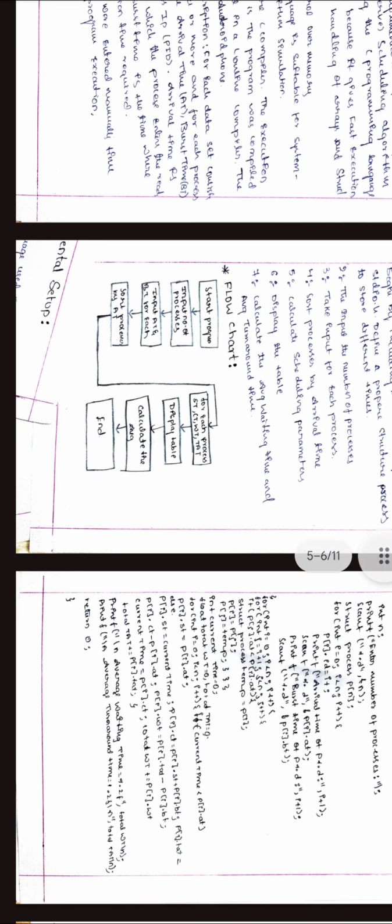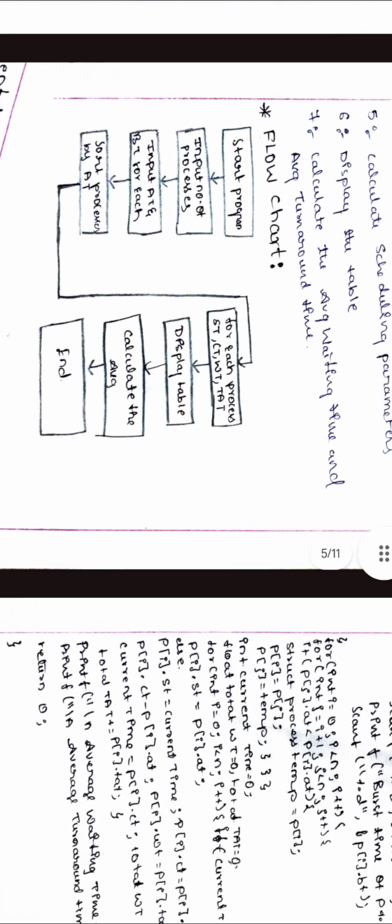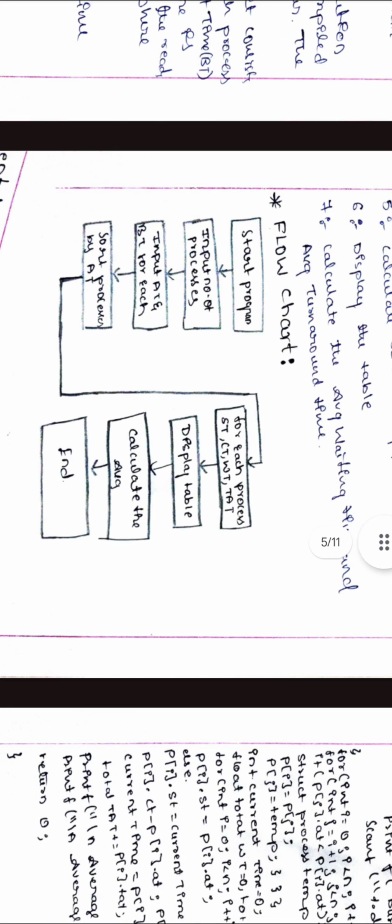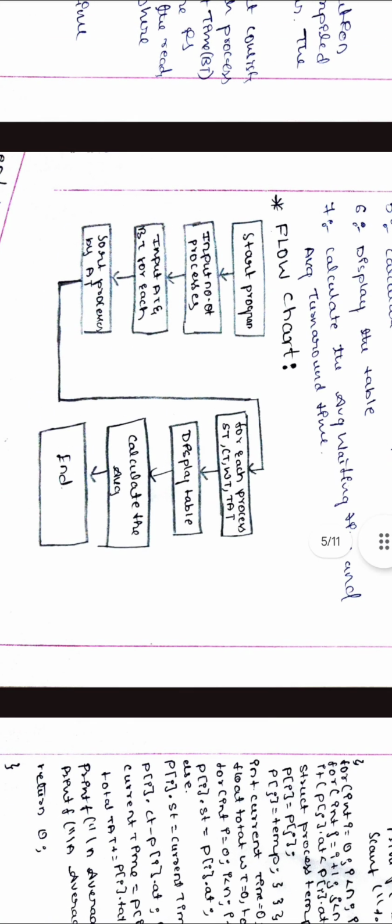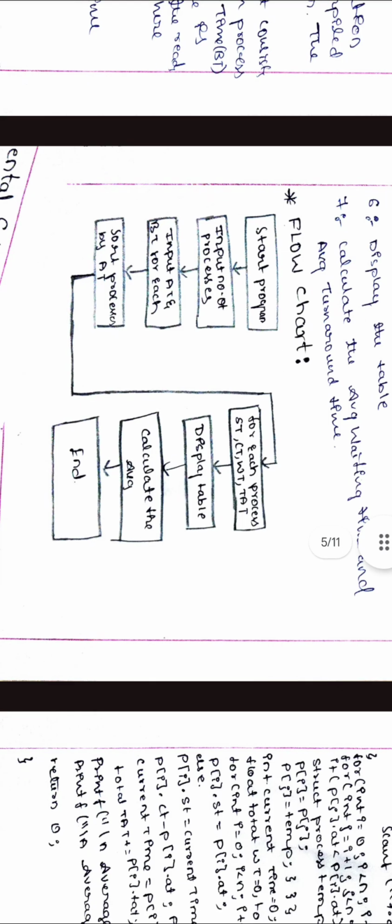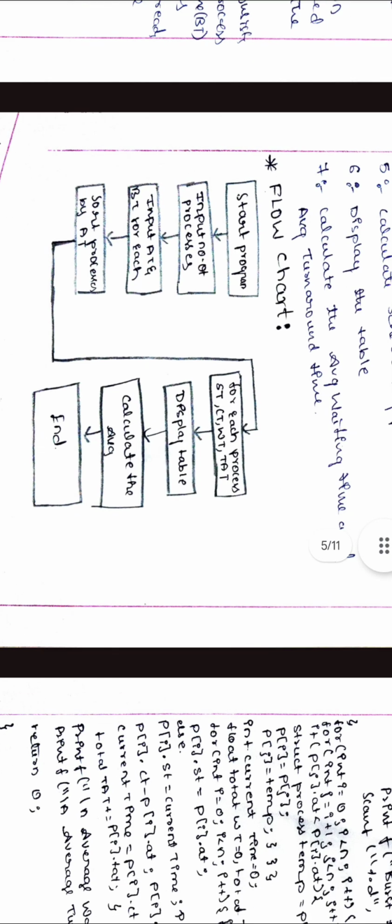Next, flowchart. This is the flowchart of the topic called FCFS. First, we start the program, then input the number of processes. We take input for arrival time and burst time for each. Then we sort the processes by arrival time.